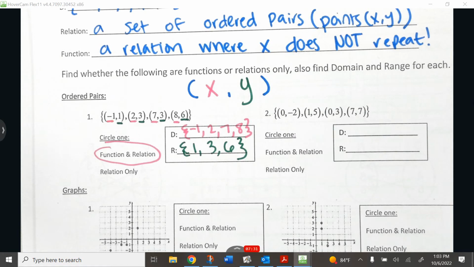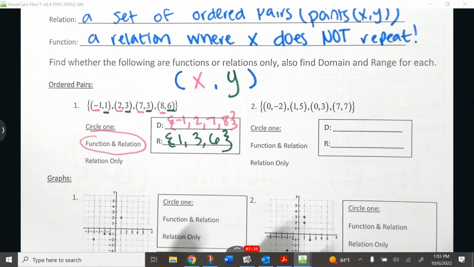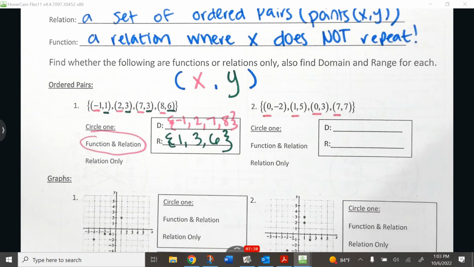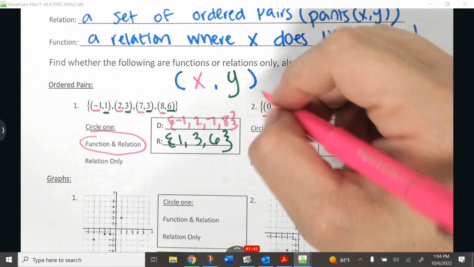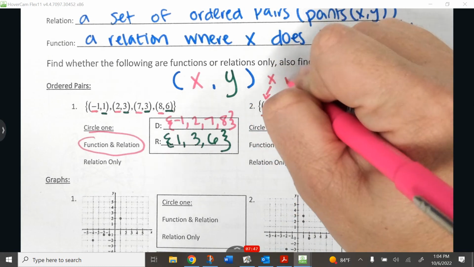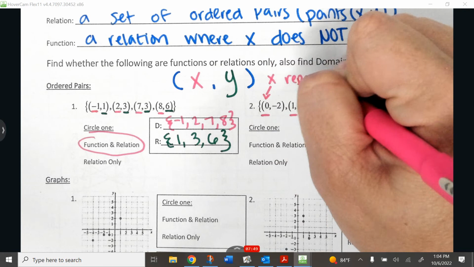Okay? So let's look at this one. We have 0, 1, 0, 7. Did x repeat? Yes. So is it a function?